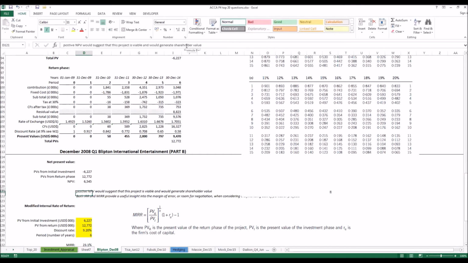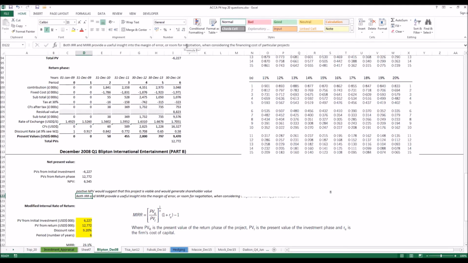So this is when we look at NPV, and then another way of calculating the worth of a project and whether a project should be accepted is most likely to use other measures like internal rate of return or modified internal rate of return. You would say something along the lines of that one provides you with an absolute value and the other one is a relative value expressed in percentage terms.